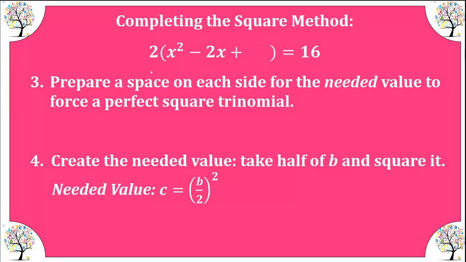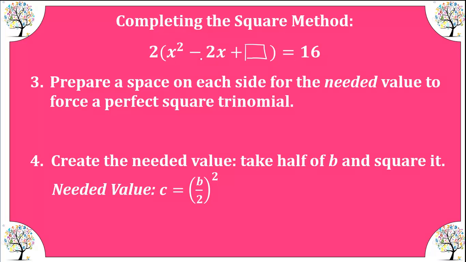Okay, now, like I said, I've already prepared a space right here. And so I am going to force this expression to be a perfect square trinomial. And the way we're going to do that is we're going to use this formula, C equals (b over 2) squared, just like we practiced in the previous video lesson.